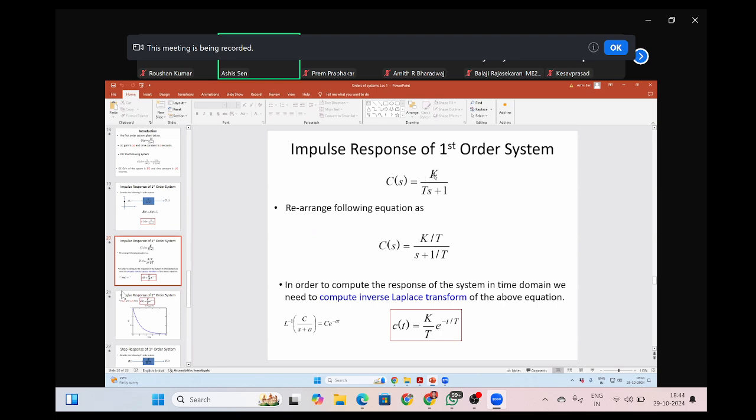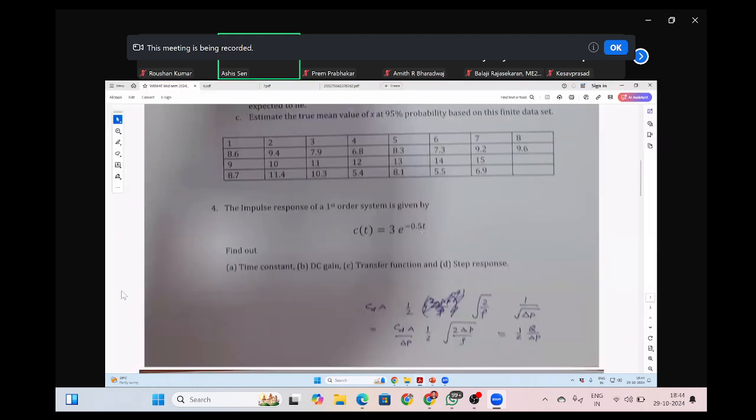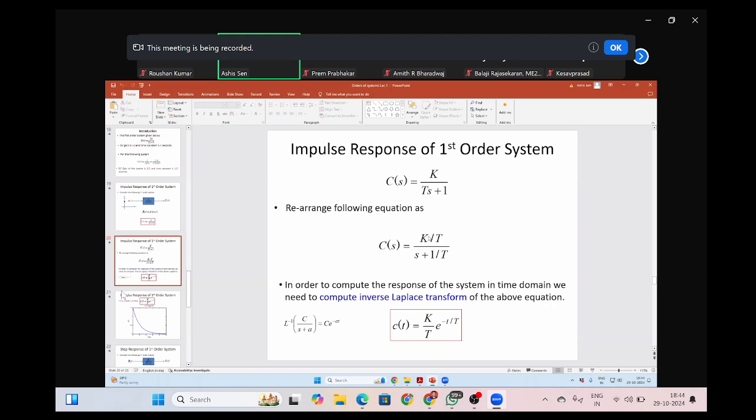You can take T outside and write it as K by T over s plus 1 over T. And so in the time domain, the response is going to be K by T e to the power minus t by T. So you have an equation given here which is in this form, right? This is the form. But it is asking you to find the time constant and the gain. Okay. So how do we do this question?